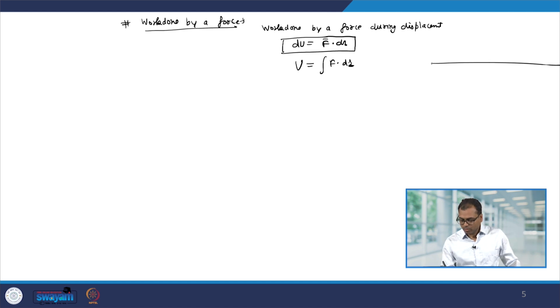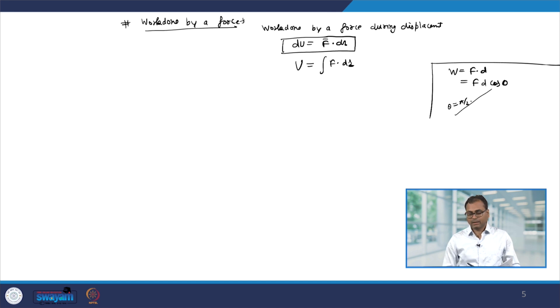Now, we also know from the high school that W is equal to F dot d. This can be written as F d cos theta, and now if your theta is, let us say, 90 degree. So, that means you are applying a force which is perpendicular to the direction of the motion. In that case, the work done will be 0.